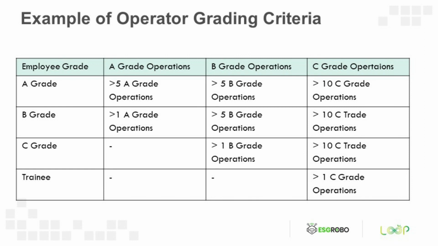In this particular example, similarly, for a B grade operator, there should be a minimum of one A grade operation known to this operator, at least 5 B grade operations and at least 10 C grade operations that the operator should have proficiency in. For the C grade operator, we can say it should be a minimum of 10 C grade operations, but at least one B grade operation.